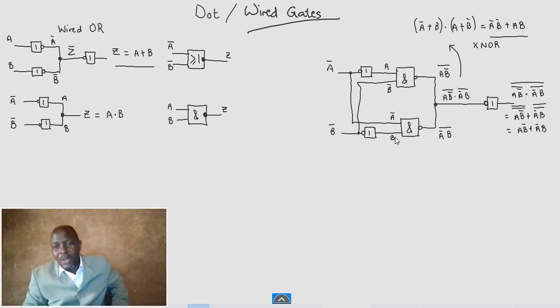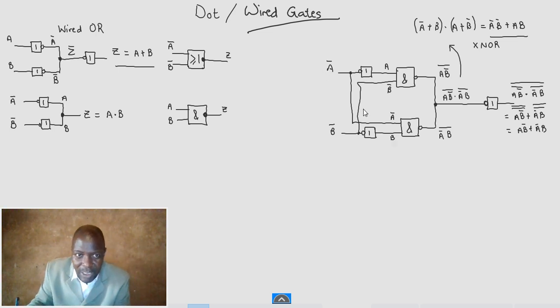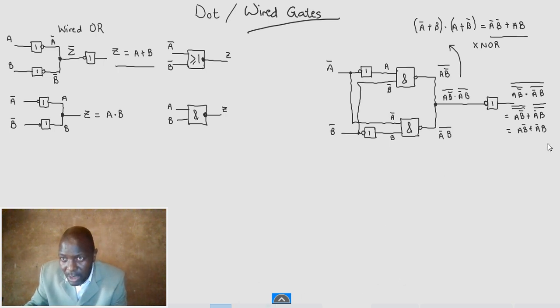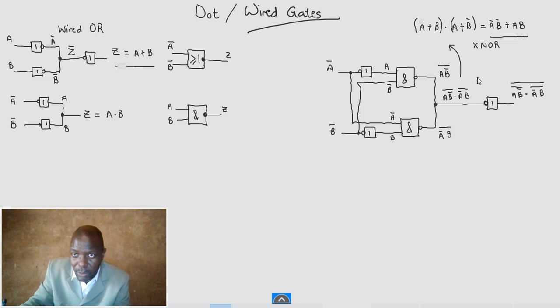Alright, I don't know whether this is tricky or what, but let's try another exclusive OR gate, a different scenario. Maybe if people understand this, I will, just for space, remove this. Just me doing Boolean to prove what's going on there.